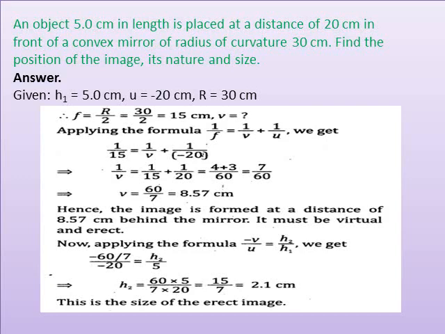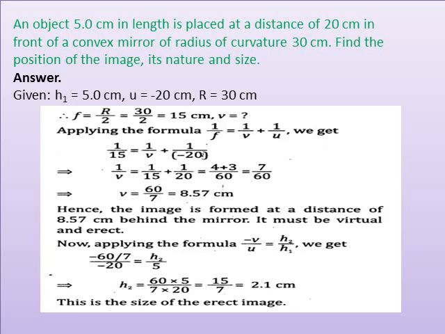But you will write U is equal to minus 20 centimeter. Why? The object is always kept on the left side of the pole, whether it is a concave mirror or a convex mirror. Therefore, blindly, the sign of U can be taken as negative. So, U is equal to minus 20 centimeter.